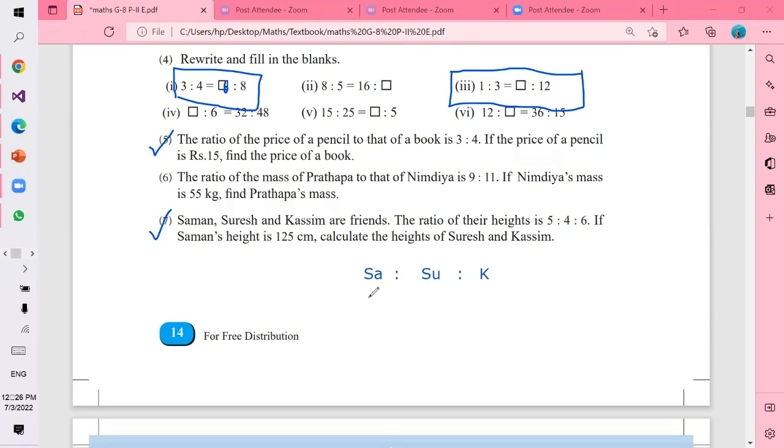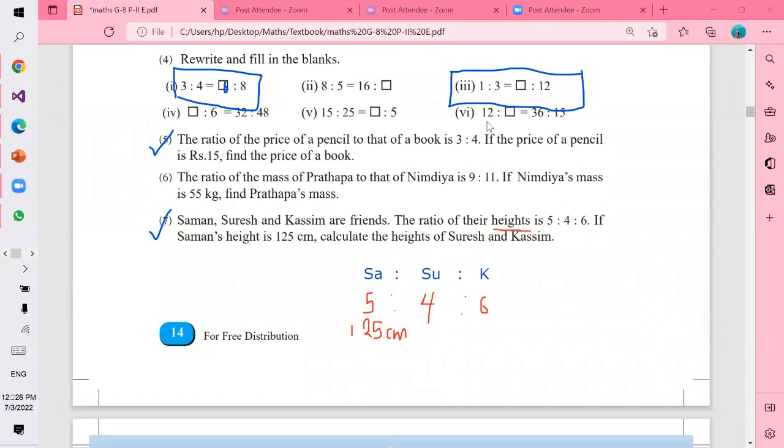Then the ratio of their heights is 5 to 4 to 6. If Saman's height is 125 centimeters, calculate the heights of Suresh and Kasim. So Saman's height is 125 centimeters.